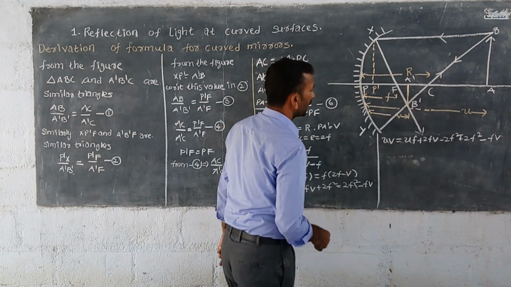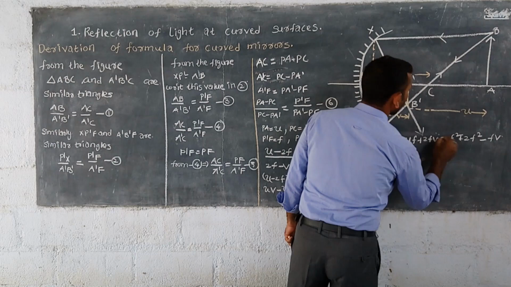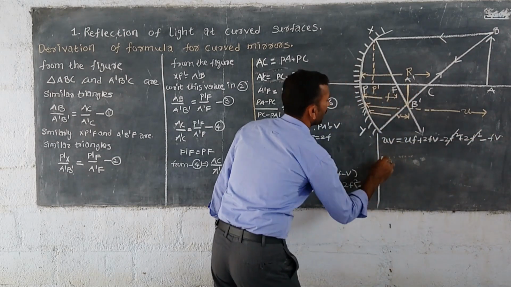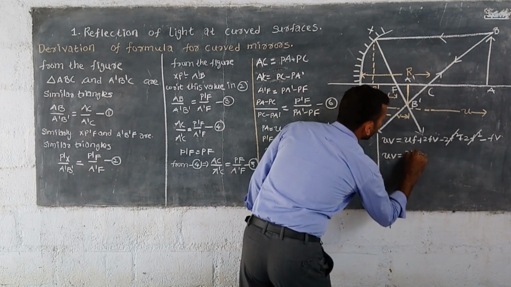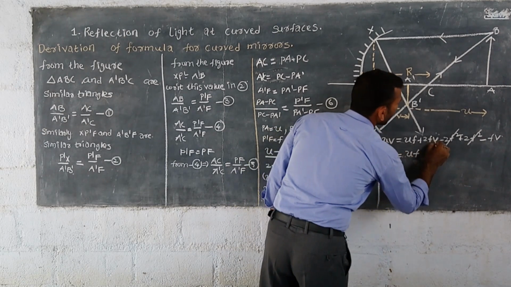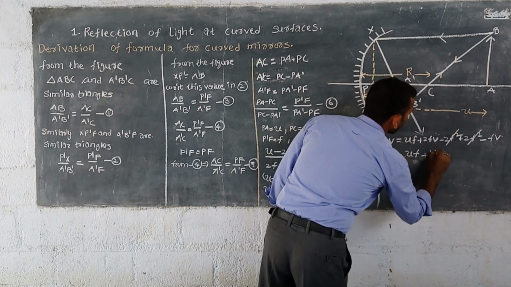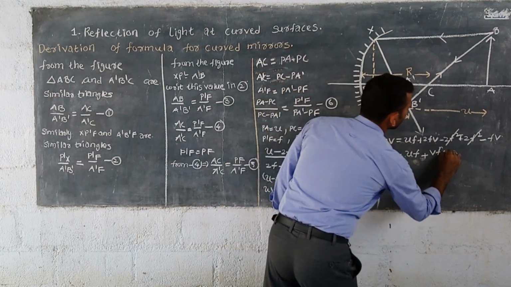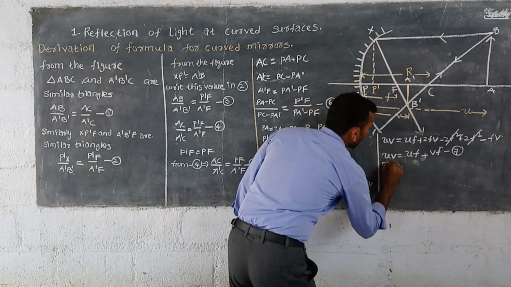Simplifying, 2F square and minus 2F square cancel, and we can write UV equals UF plus 2FV minus FV, which leaves VF. This is equation 7.